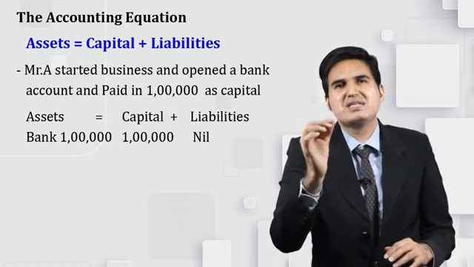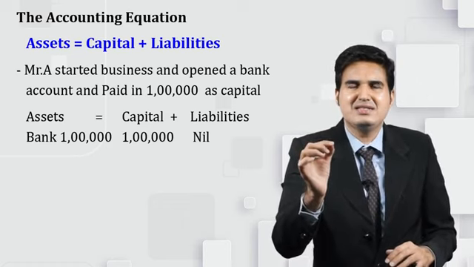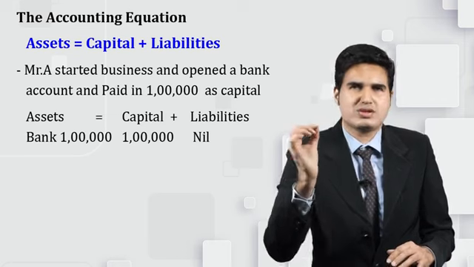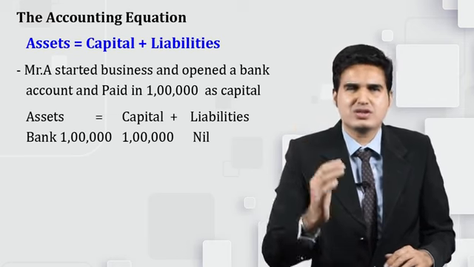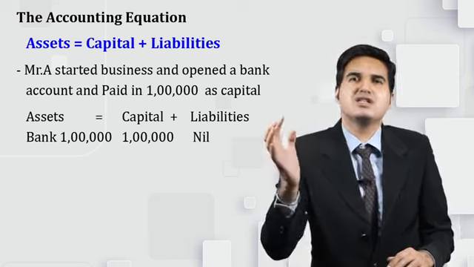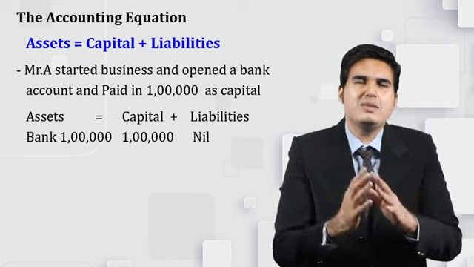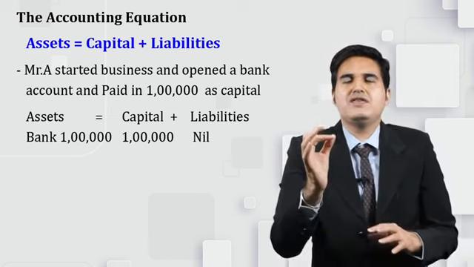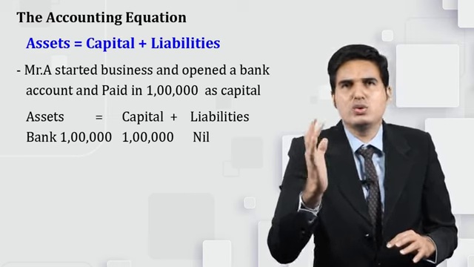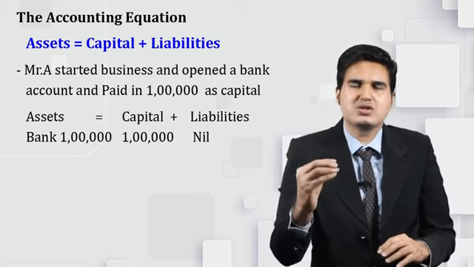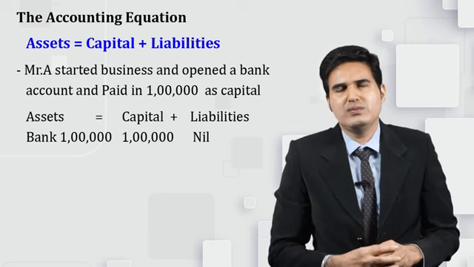Say, for example, Mr. A started a business in the name of A General Stores. Here you should keep two things in mind. We will always write or study accounts from the business point of view.